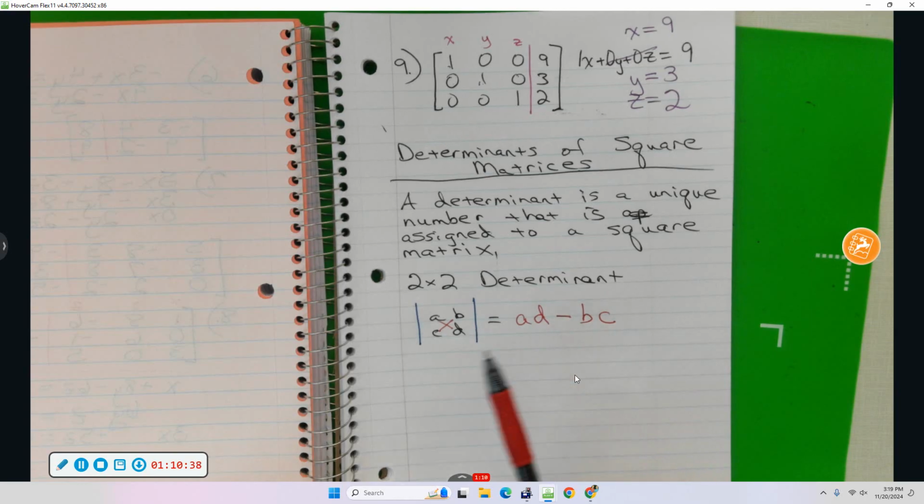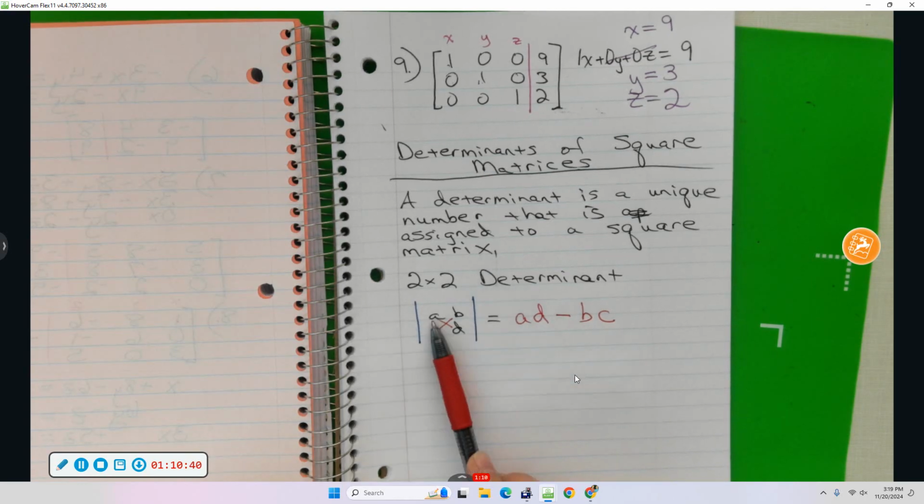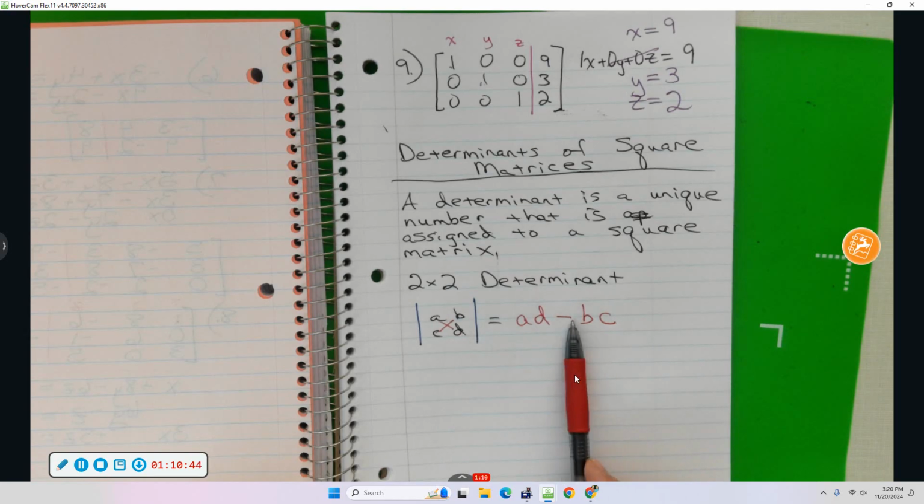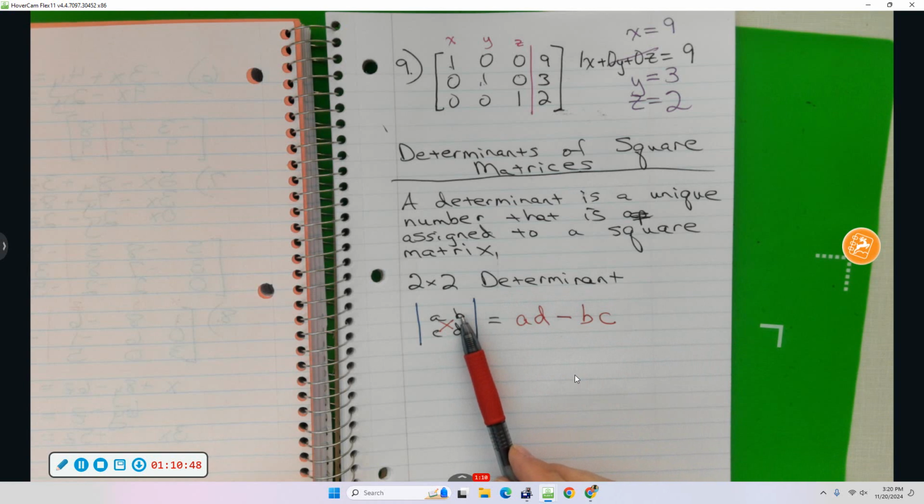Memorize the pattern. You start in the upper left-hand corner, you multiply down that diagonal, minus, now you're at the second number on the first row, you start there, and go in the opposite direction.